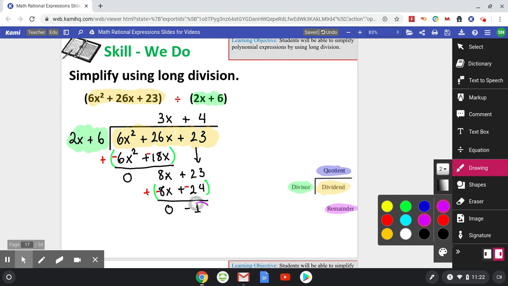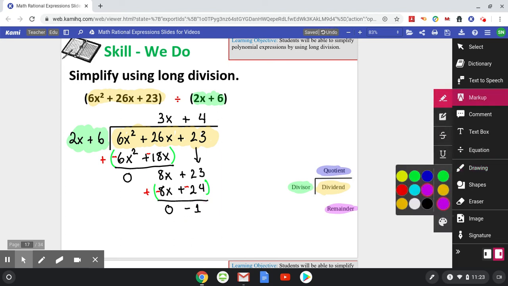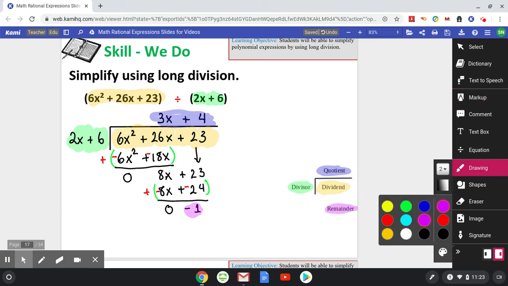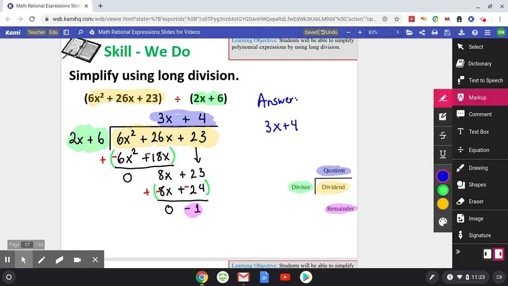So this is the first problem where you've seen that we have a remainder. This remainder will be part of the solution. This is the quotient. It will also be part of the solution. Now here is the answer. The answer will be 3x plus 4. This 3x plus 4, I got it from the quotient.